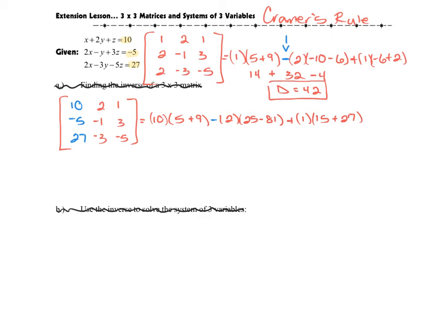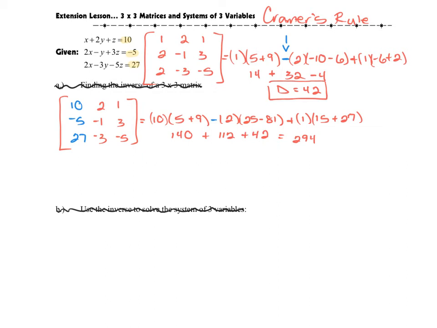Cleaning that up, I have 140 plus my 112 plus my 42. Just working that arithmetic, you can always pause the video. That's going to give me a value of 294.